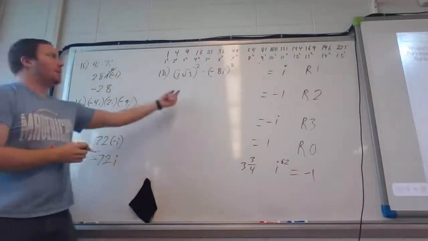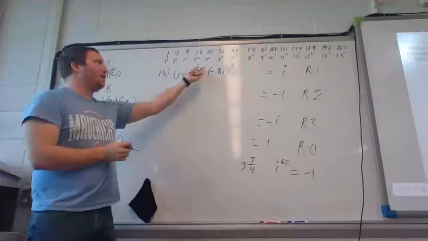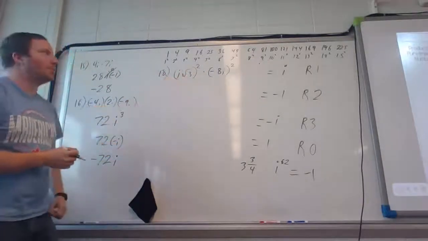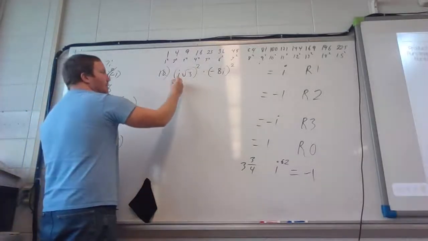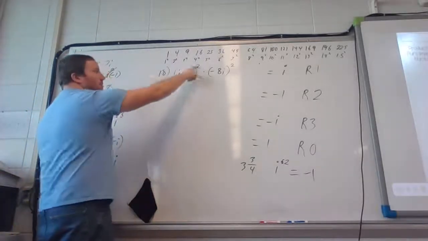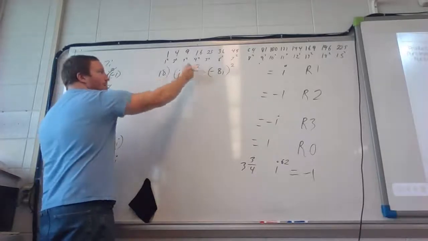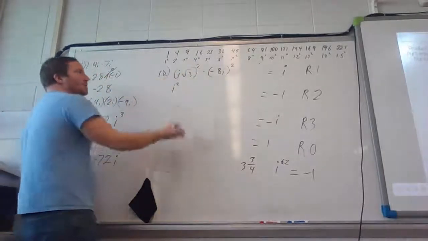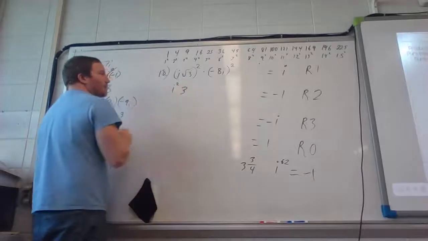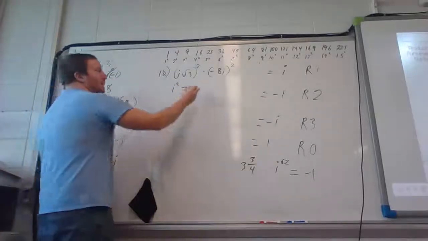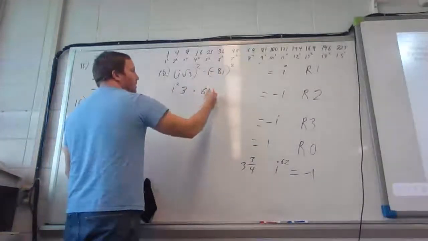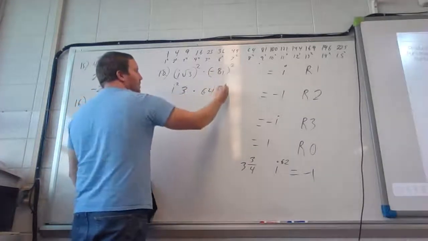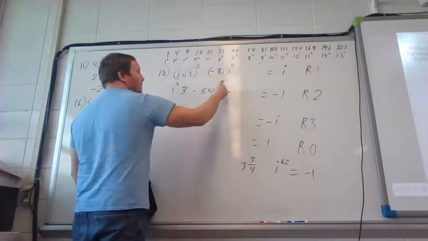So first thing is we have these two things being squared, so we need to deal with that before we do our multiplication. Square root of 3 squared, again, square roots and powers of 2 are opposites of each other, so we're going to be left with 3 times -8 squared, 64, and then i squared becomes i squared.